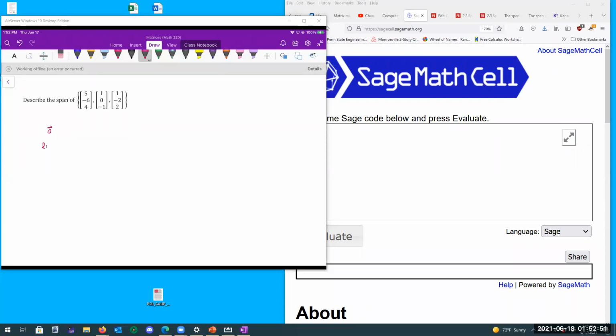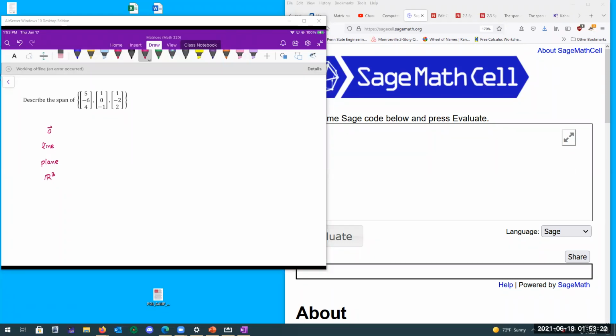It could be a line. We know that's not the case because we have multiple vectors that aren't linear combinations of each other. It could form a plane, or it could express all vectors in R3. So every vector in R3 might be a linear combination of these three vectors.